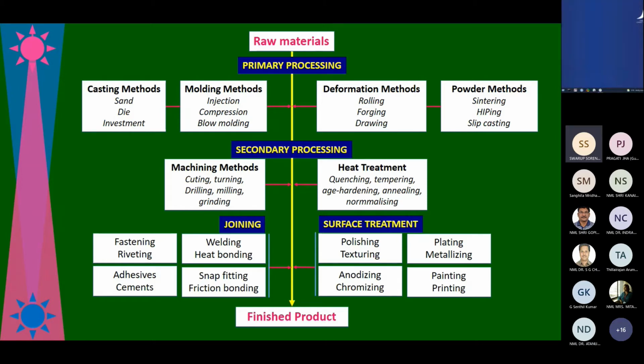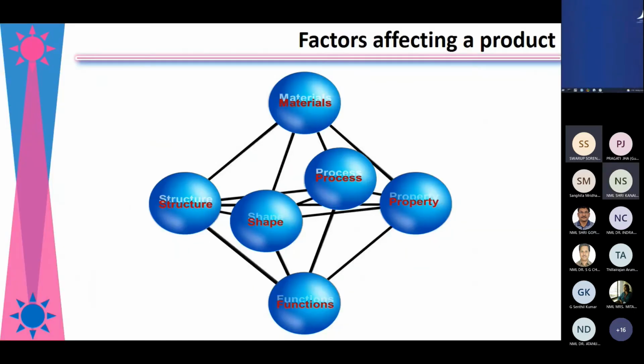Now, if a material is chosen and we have decided what function it has to perform, then we need to understand how process and shape are interrelated, what process and what shape we have to give, and using the process, what kind of structure and property of the material could be obtained.